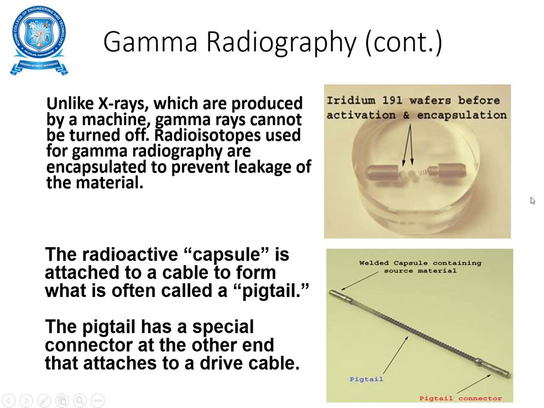So the radioactive capsule is attached to a cable to form what is called a pigtail. This diagram shows a pigtail, and this has a special connector at the other end that attaches to a drive cable.